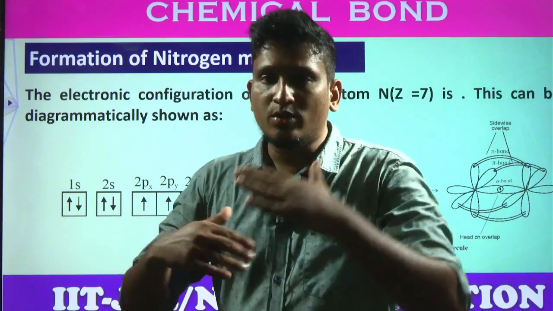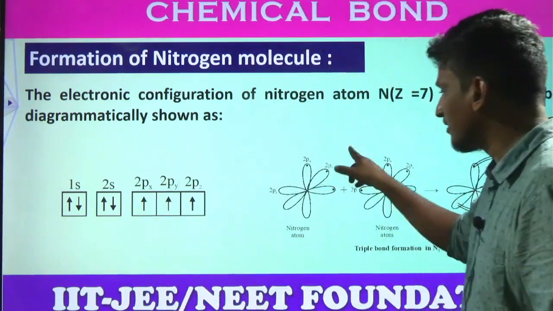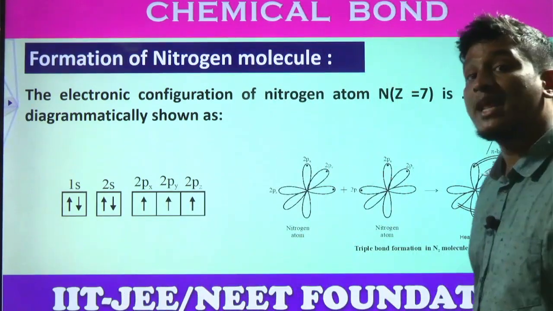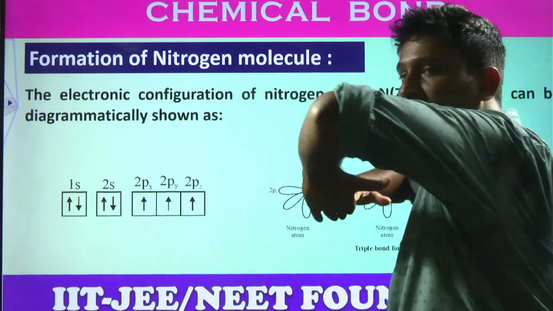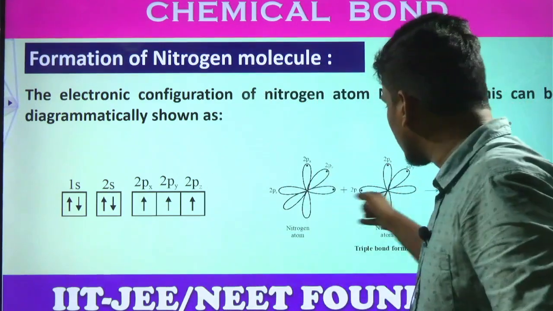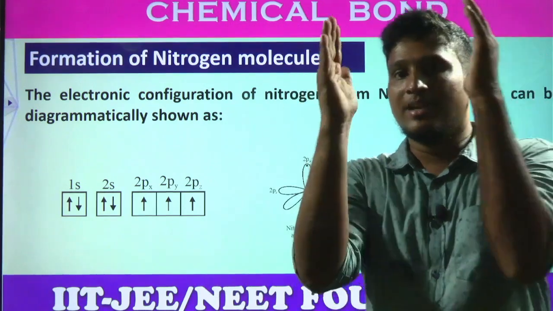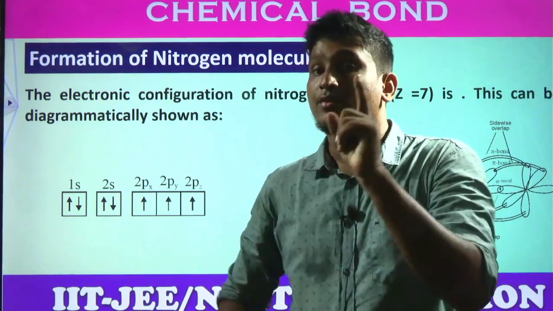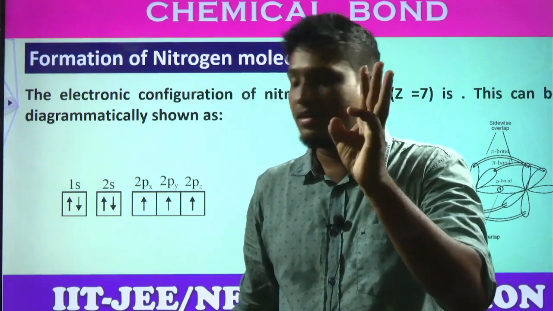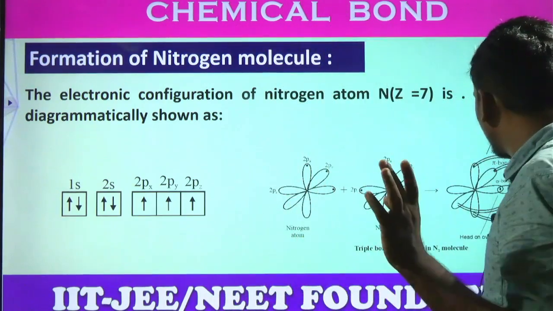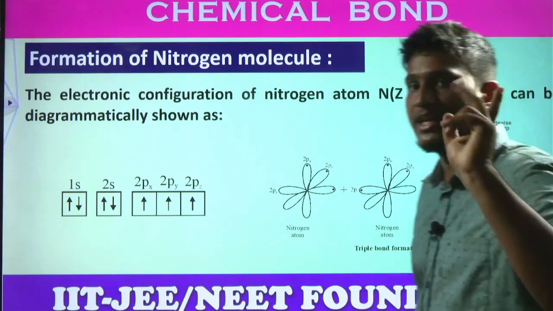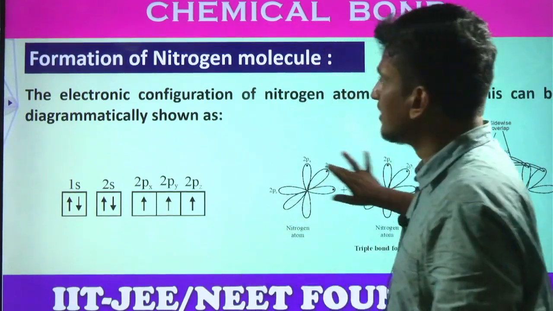Do they overlap end to end or sidewise? Look at the representations. They overlap sidewise. Sir, can they bend? No, the sigma bond is already formed between them, and it does not break. So they meet like this. This is sidewise overlapping. If it's a triple bond, the first bond is sigma and the remaining 2 bonds are pi bonds. Remember, between any 2 atoms, the first bond is always sigma, students.